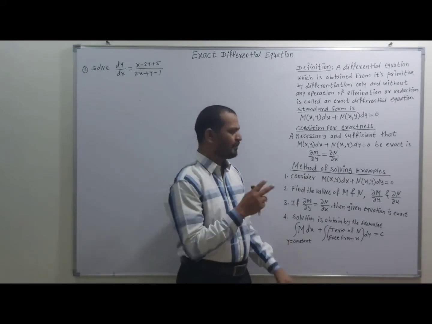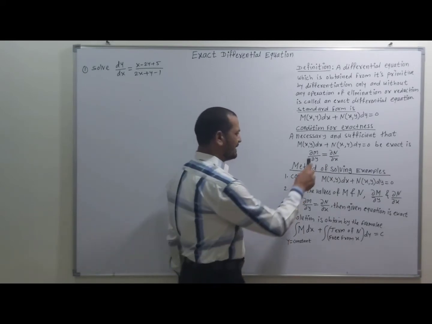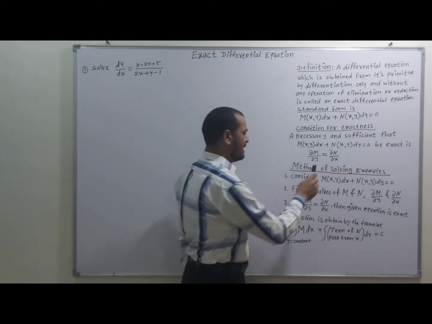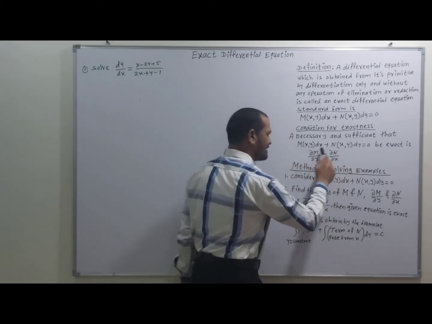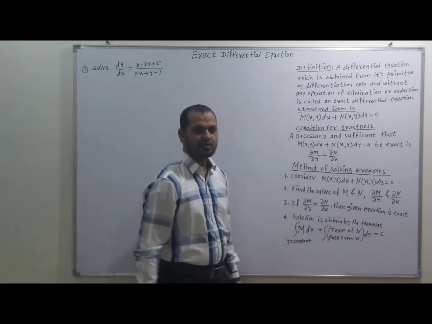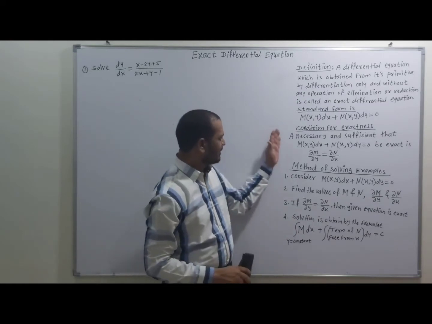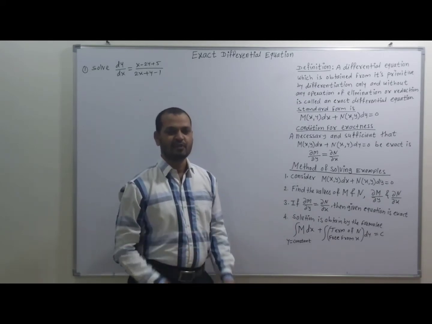That means it works both ways. The equation is exact if this condition holds, and vice versa, if this condition holds, the given equation is exact. This is the condition for exactness, one of the important theorems in exact differential equations.